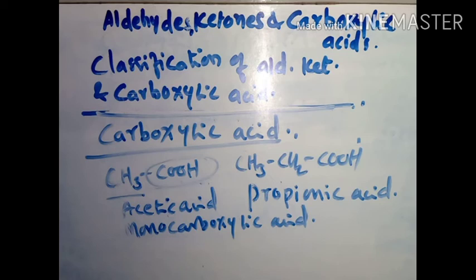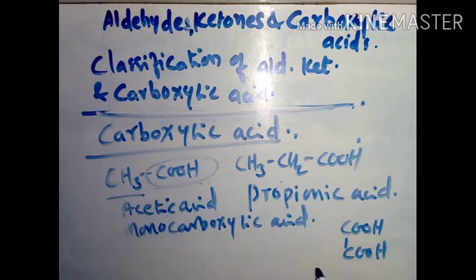While the carboxylic acids in which two COOH groups are present are classified as dicarboxylic acid. The example we can take is COOH-COOH. What is the name of this?